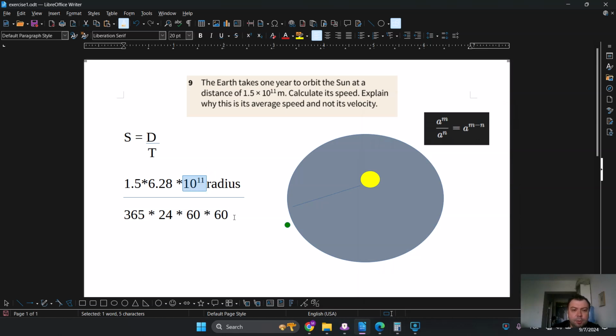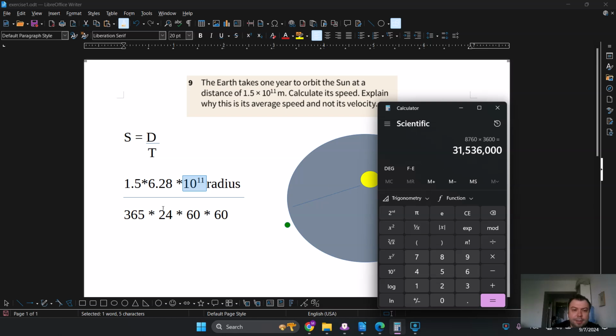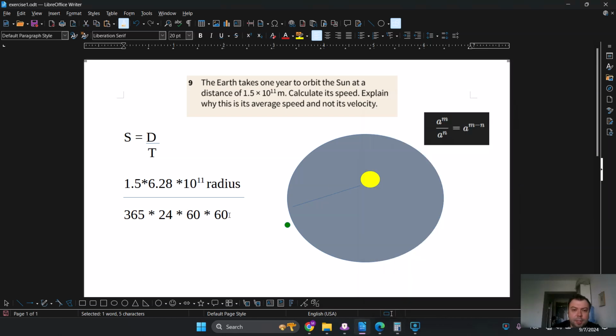So we can also type this in similar notation with an exponent. So it will be 3.156 times 10 to the power of 7. And this is our time. So we have distance and time.